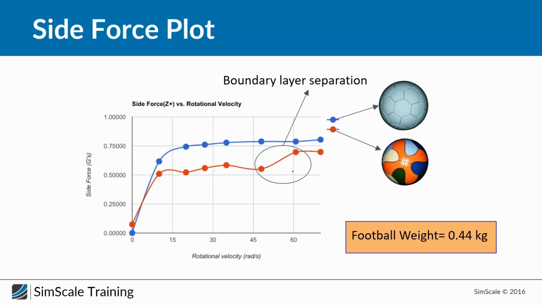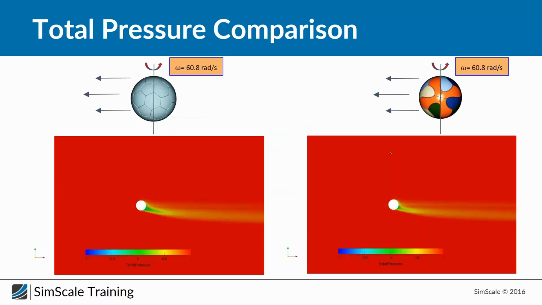This separation is not directly related to the separation when we talked initially about the example, because here we have a rotational movement which is superposing the transversal movement. But here we have additional flow separation which we can take a look at.